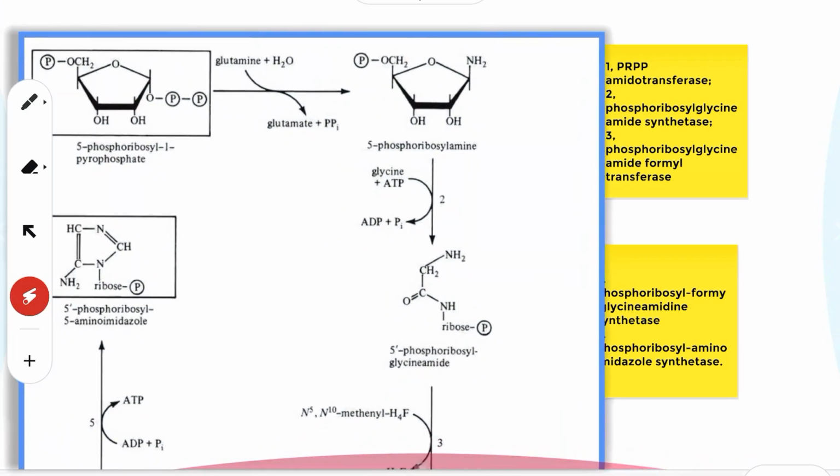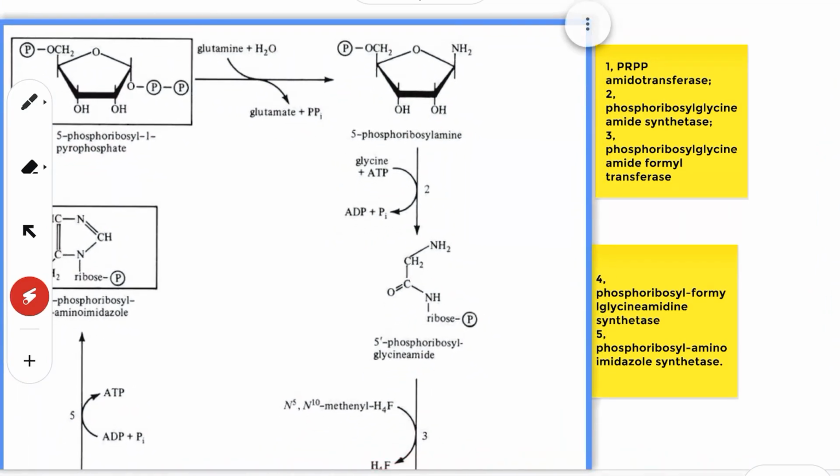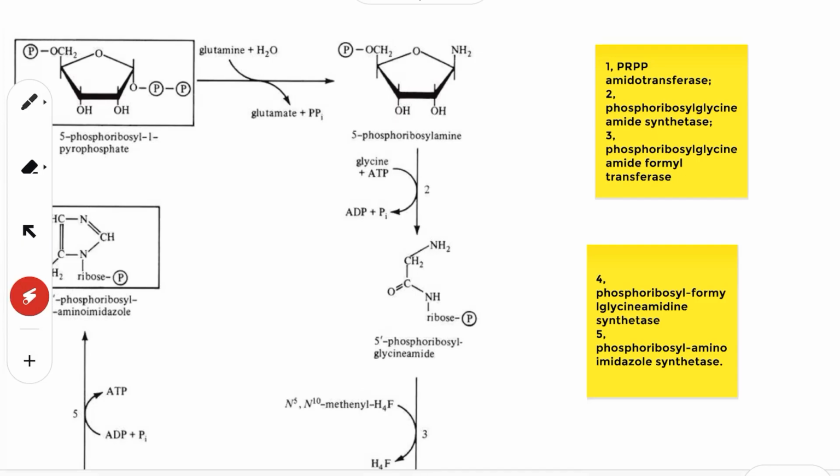Okay, now the second reaction is the reaction between glycine and phosphoribosyl amine. In this reaction, glycine is condensed on this amino group, and this reaction requires energy input, which is provided by ATP. The reaction is catalyzed by the enzyme phosphoribosyl glycinamide synthetase, and it forms 5-phosphoribosyl glycinamide.